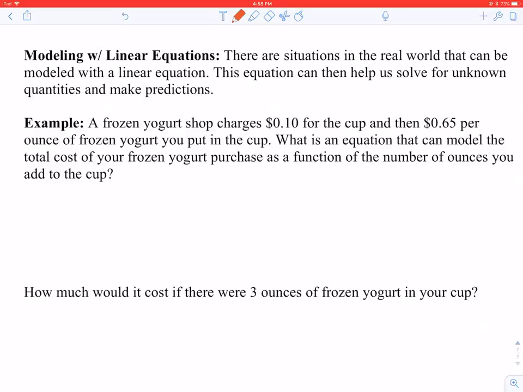We're often going to be trying to model situations with equations or functions. So for modeling with linear equations, we're going to want to come up with an equation that can model a situation to help us solve for unknown quantities and also make predictions.